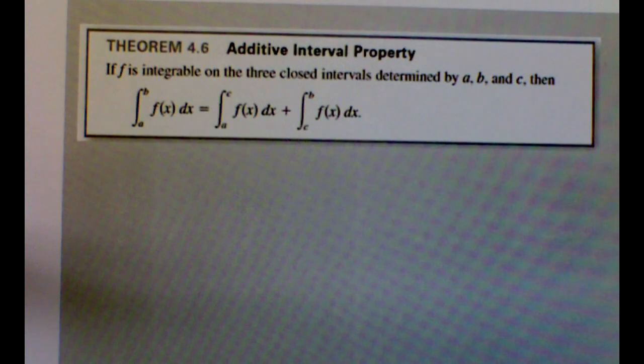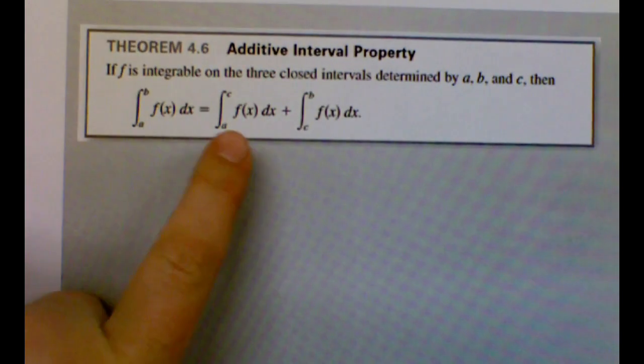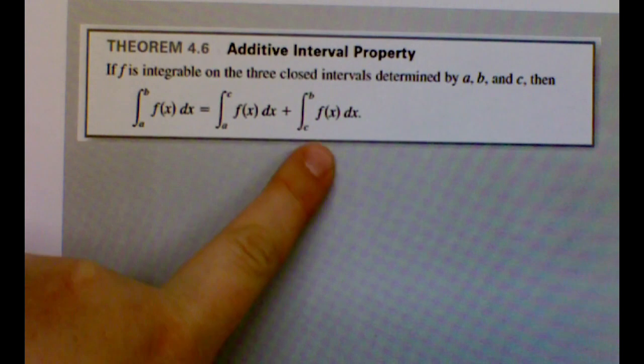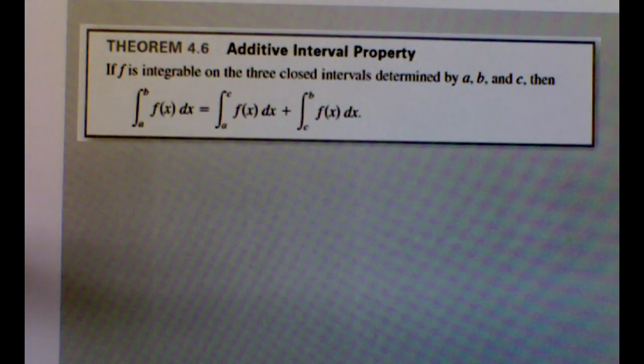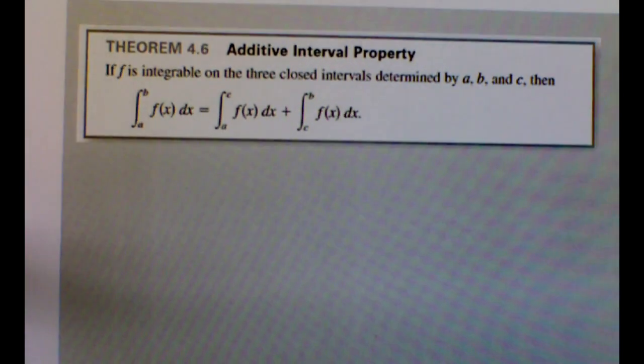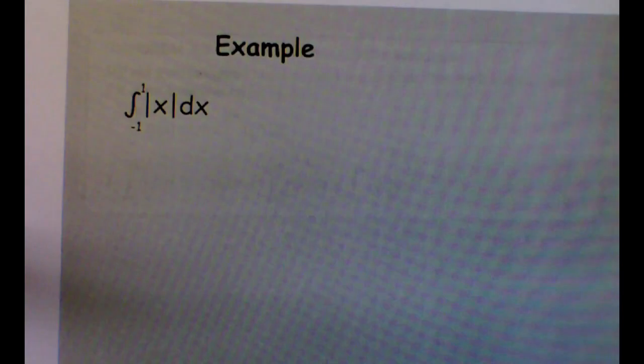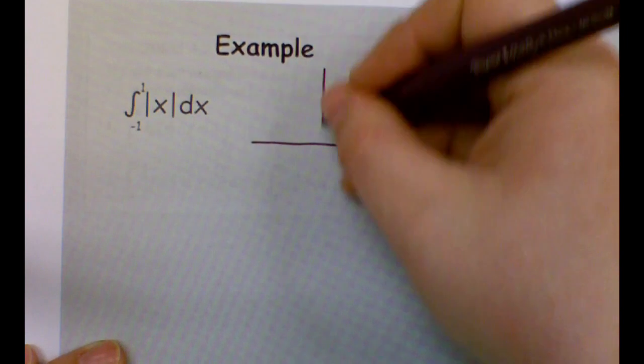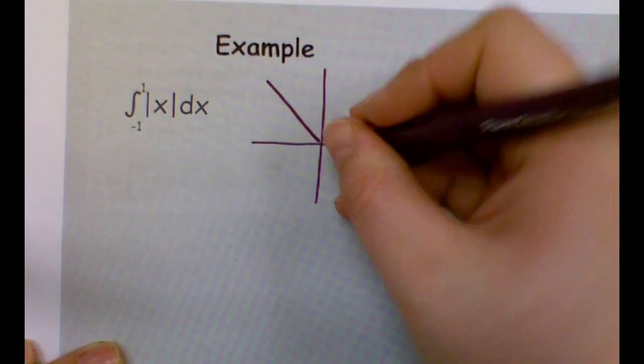The additive interval property. This one basically says that you can take a definite integral and you can break it apart. From a to b, we can go from a to c plus c to b, as long as c is in there somewhere. So I would use that for this problem. The absolute value of x. The function looks like that.